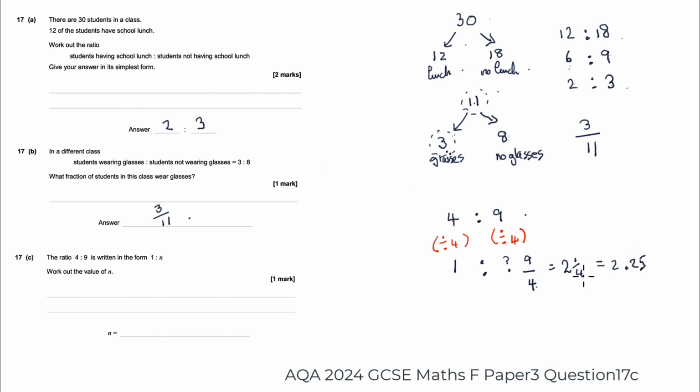And you know that 1/4 can be written as 0.25. So 2 1/4, 2.25. Either of these would do. So that's the missing number n. Ratio 1 to n. n is 2.25.